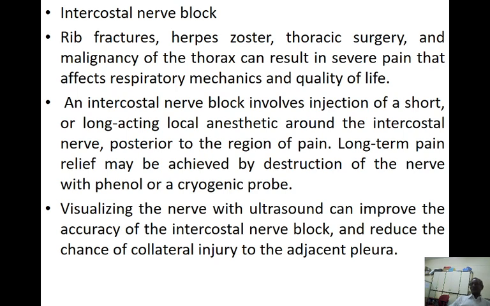An intercostal nerve block involves injection of a short or long-acting local anesthetic around the intercostal nerve, posterior to the region of the pain. Long-term pain relief may be achieved by destruction of the nerve with a phenol or cryogenic probe. A cryogenic probe is a very cold probe that can kill the tissue because of its extremely low temperatures.